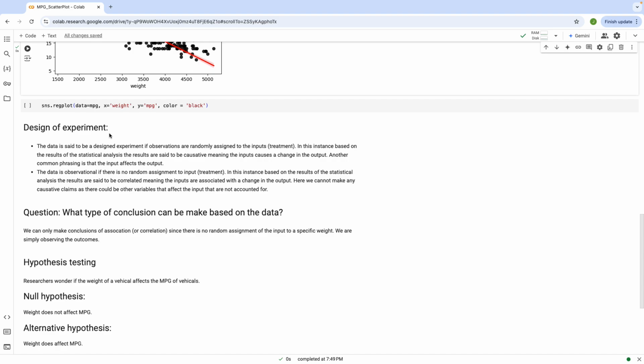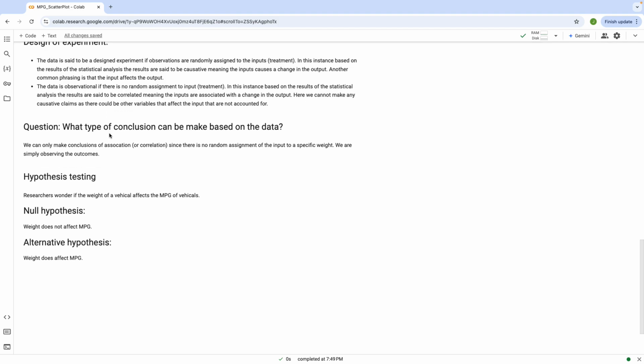In terms of hypothesis testing, what's the big question that this graph is asking? That would be that researchers are wondering if the weight of the vehicle affects the miles per gallon. In hypothesis testing, you always have to specify two things. One is called the null hypothesis, the other is the alternative hypothesis. The null hypothesis is a statement of no effect or equality.